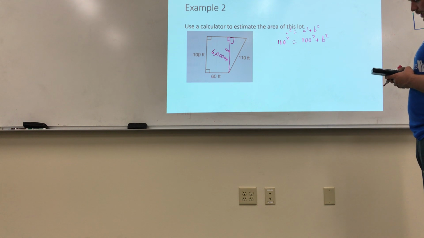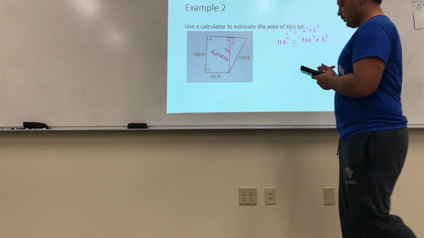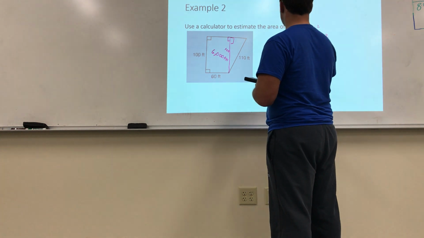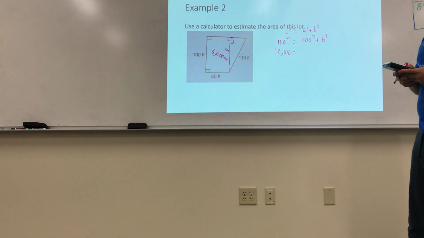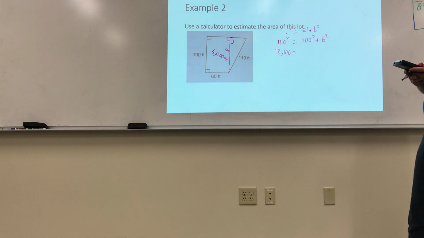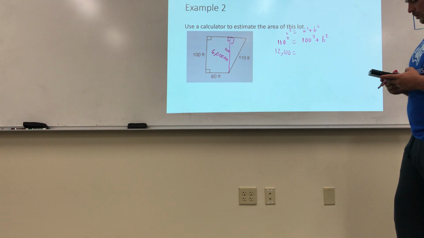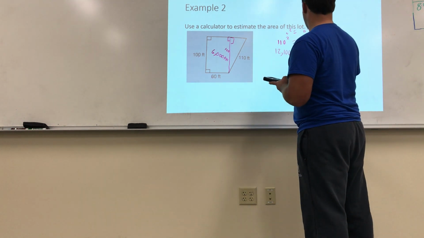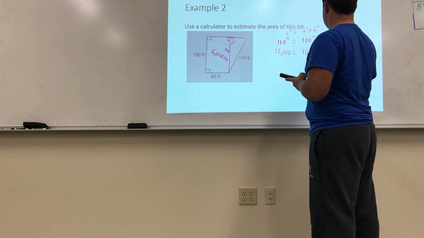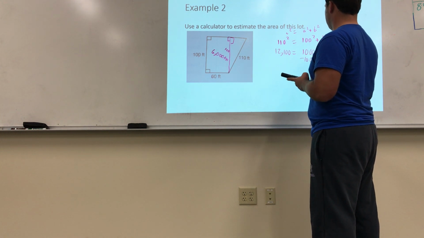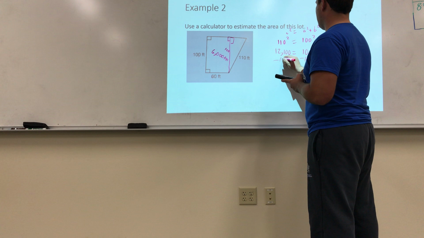110 squared is going to give me 12,100. And 100 squared is going to give me 10,000. Okay, we're going to subtract 10,000 from both sides.